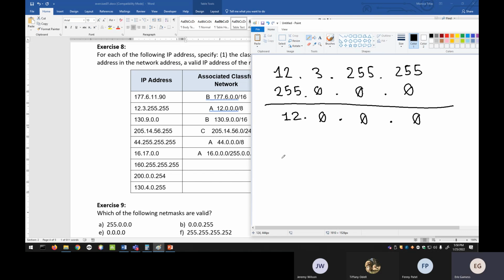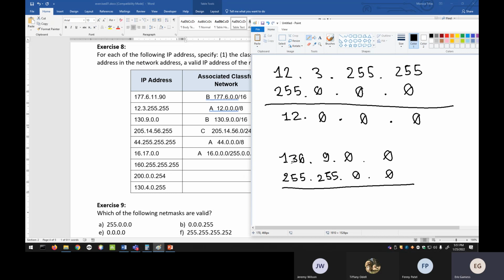Let's do this example. 130.9.0.0. It's a /16, so I have to bitwise AND with 255.255.0.0.